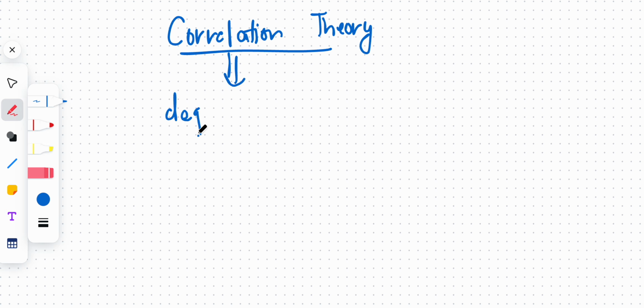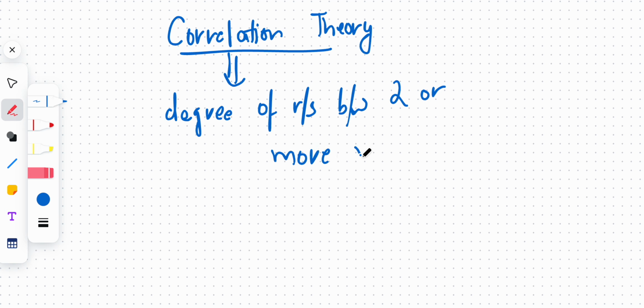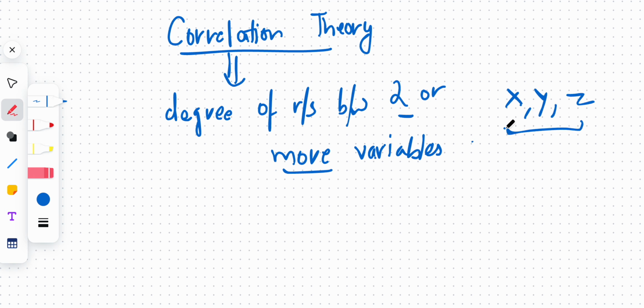degree of relationship between two or more variables. Now what would that mean? That means that if I have two variables or more variables like x, y, and another variable z, what relationship do they encompass?